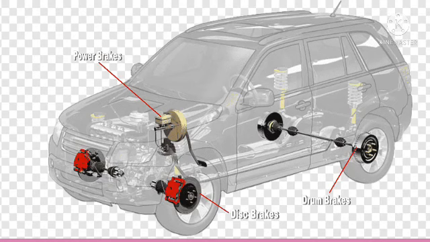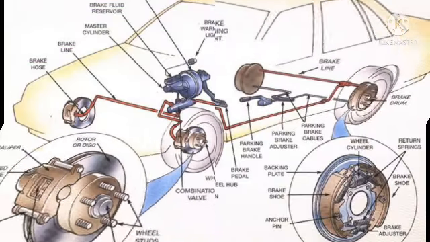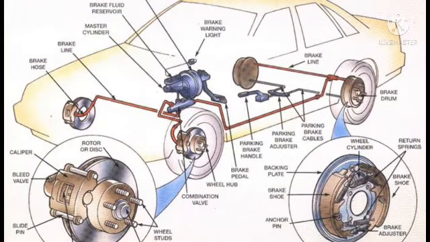The type of brake that is usually located in the front wheels of the vehicle is the disc brake. And the drum brakes are usually fixed at the rear wheels of the vehicle.